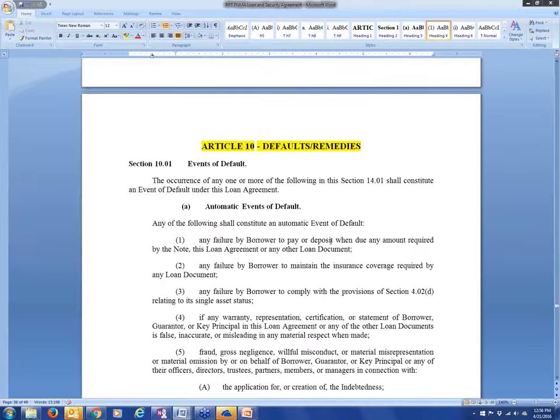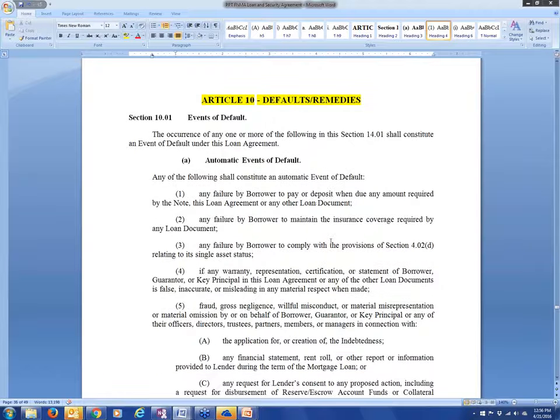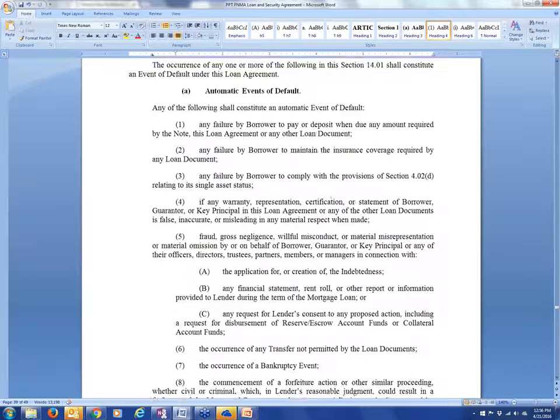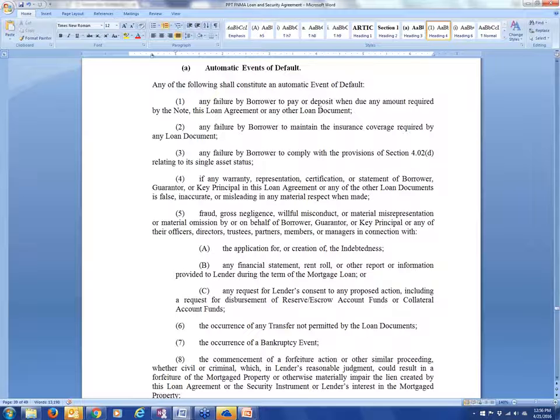Okay, defaults, remedies. Here are the events of default. Automatic events of default. Any failure to pay a deposit when any amount required by this note is due, that's an event of default. Any failure of the borrower to maintain insurance coverage.